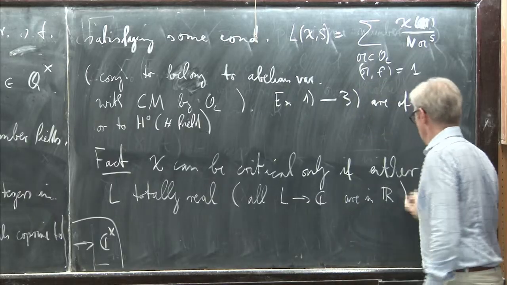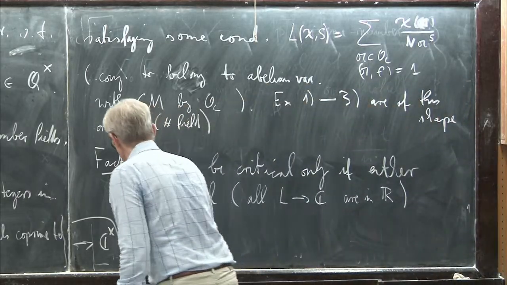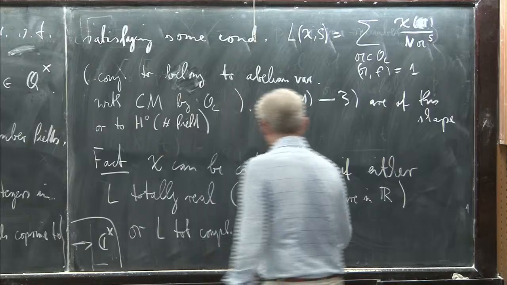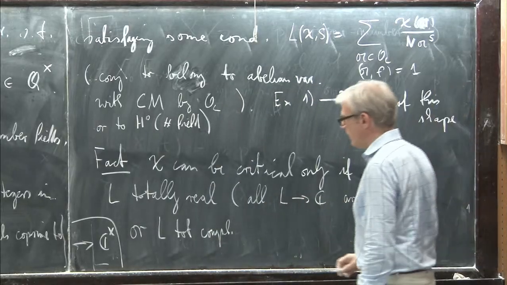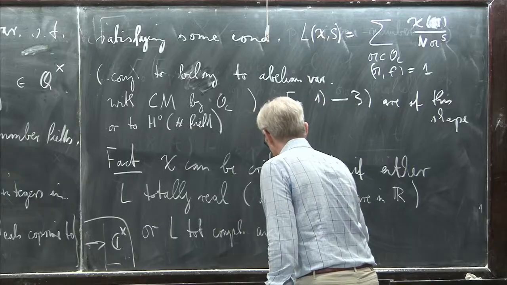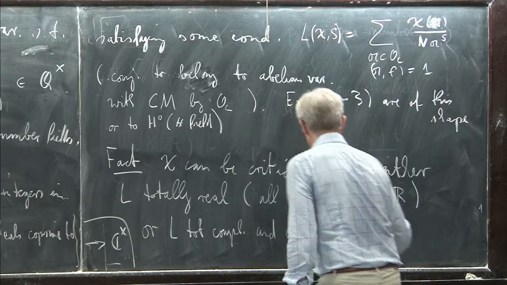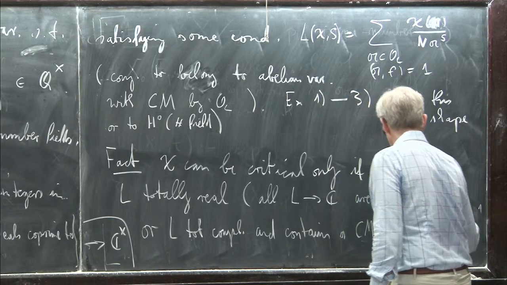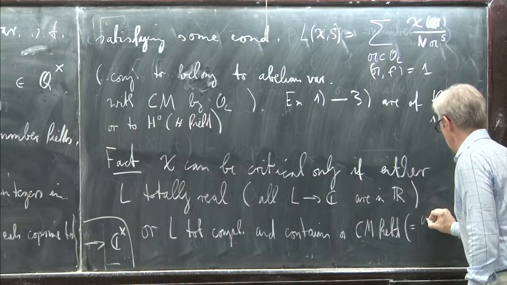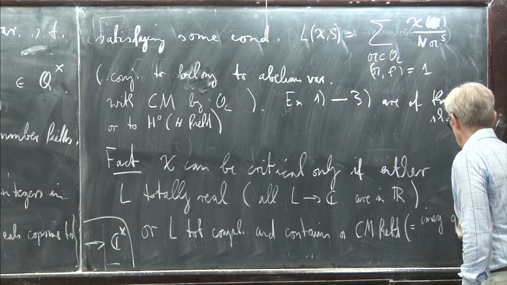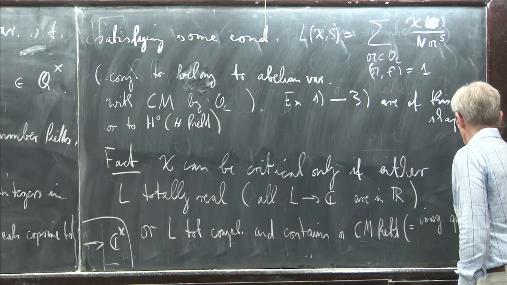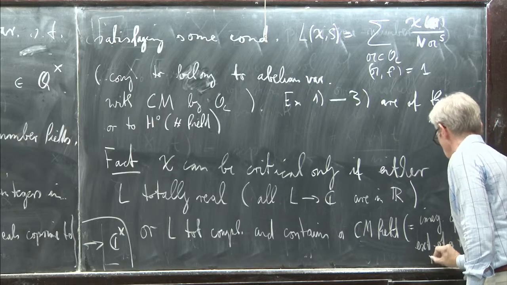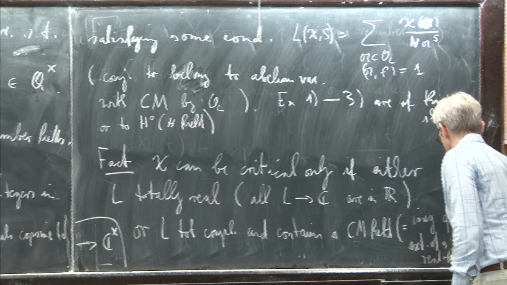Or L is totally complex, meaning no such embedding lands in R, and it contains a so-called CM field, that is, an imaginary quadratic extension of a totally real field. That's all technical. Don't worry.